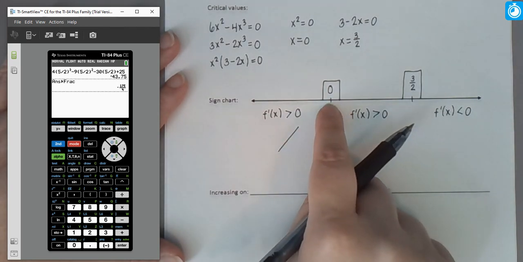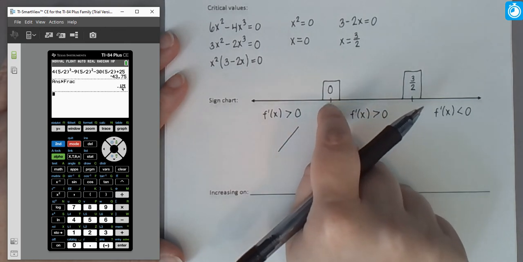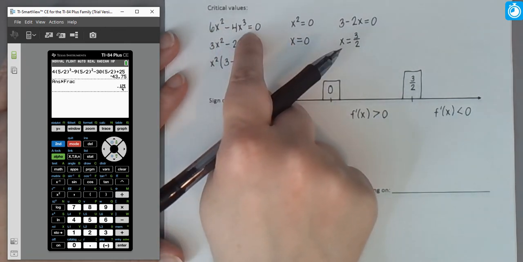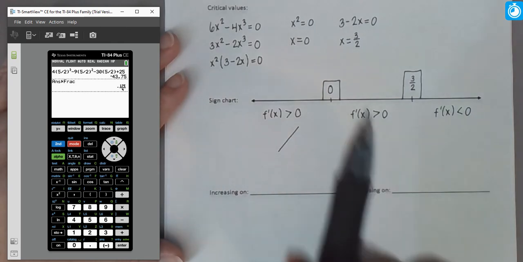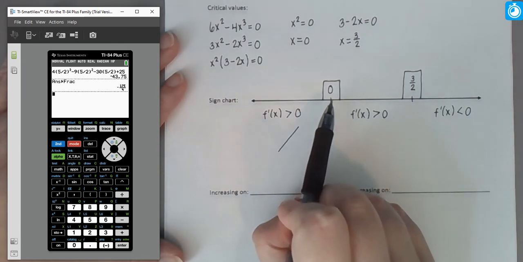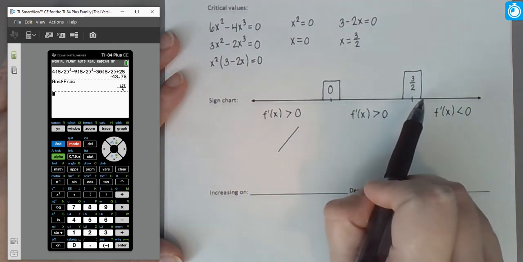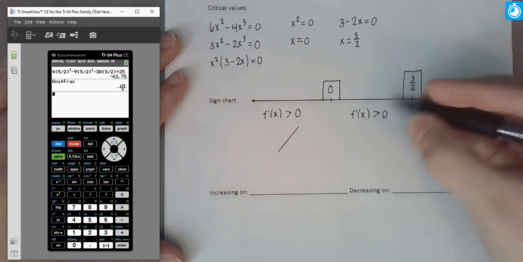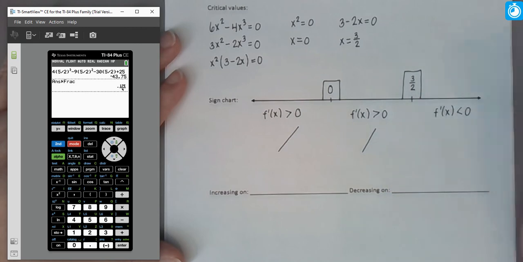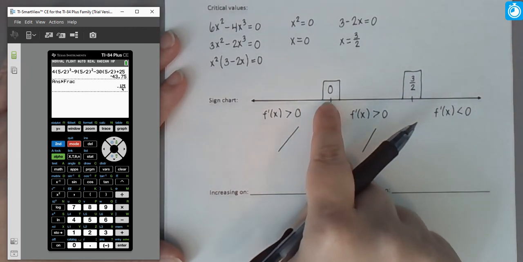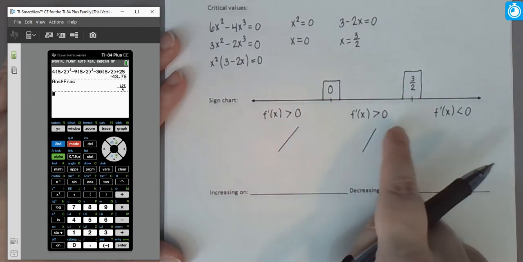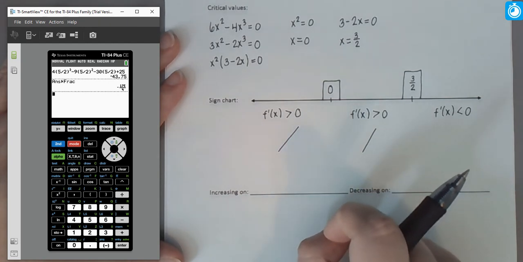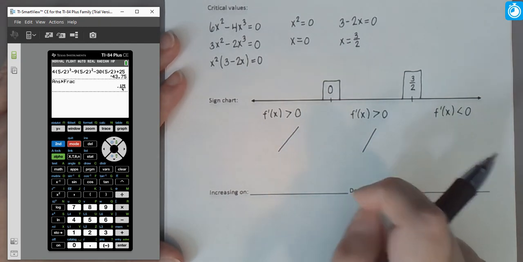Now once we get to 0, again, that was a critical value. That was a location where the derivative had a value of 0. But what can we say about values between the two critical points? Well, again, the derivative was still positive, which means we're still increasing. We have a critical value, but to the left of it and to the right of it, the function is continuing to increase.